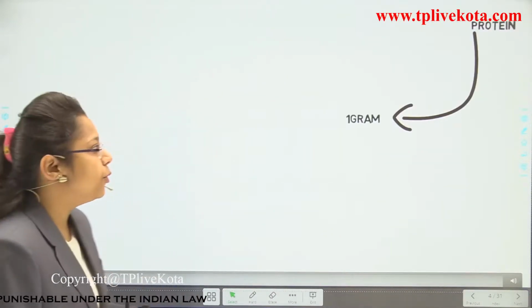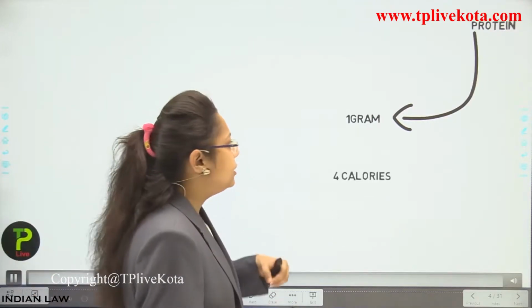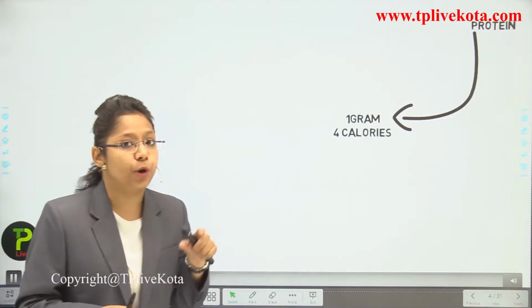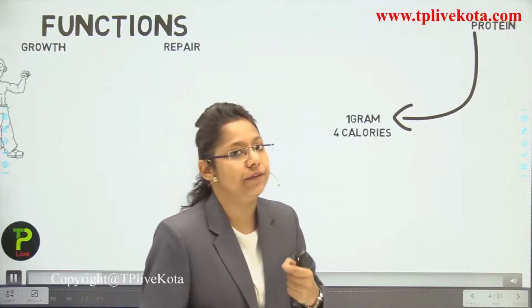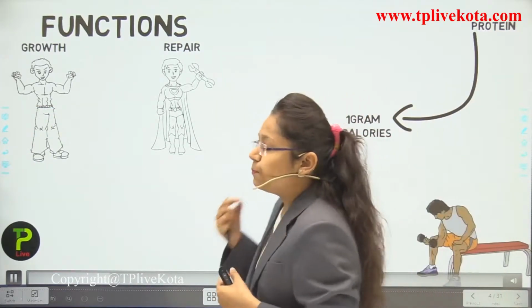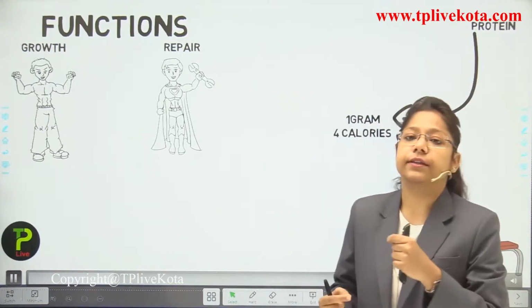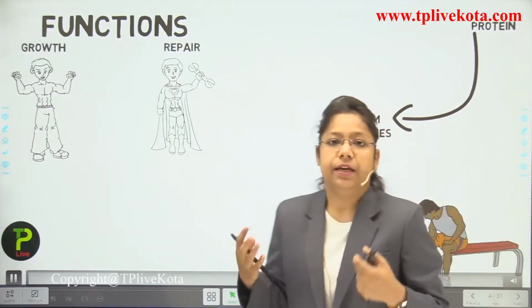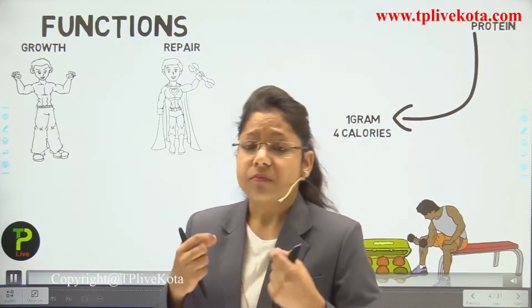What does protein do in our body? 1 gram of protein gives us 4 calories. It is responsible for our growth and for the repair of the body. That is the main function of protein.